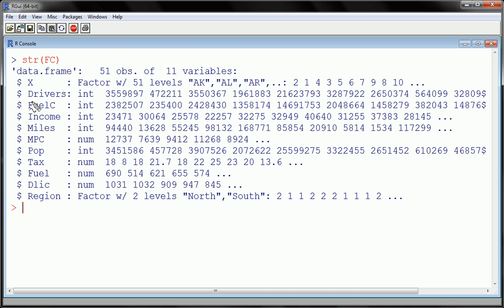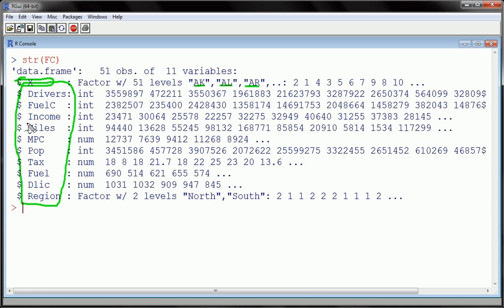When you look at some of these features, you see they all have to do with fuel consumption. First off, this X is just the name of the state, the abbreviation, so we're not going to use that for any kind of prediction algorithm.